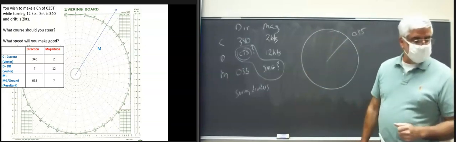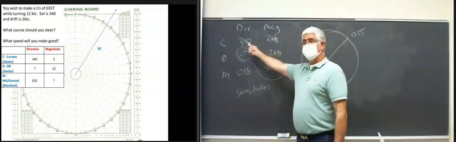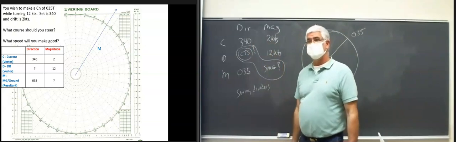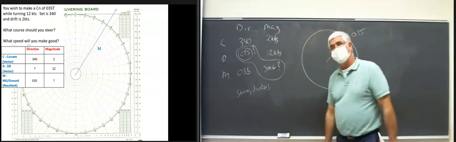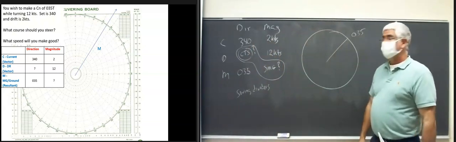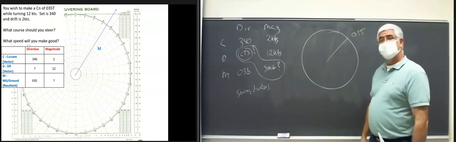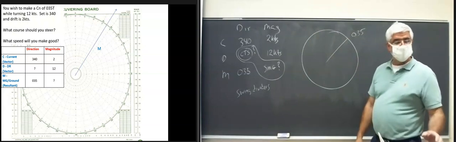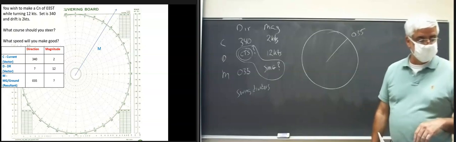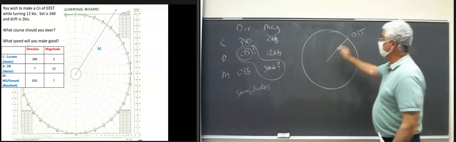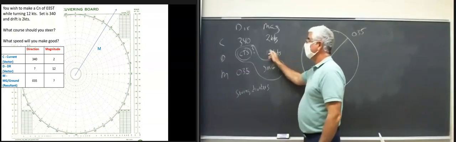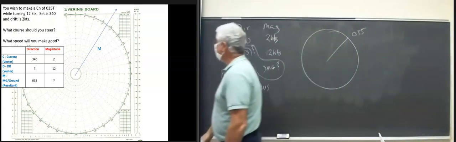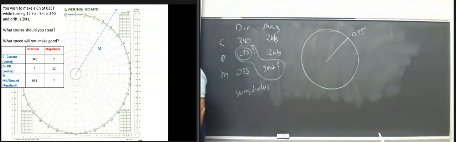What's the next thing I know? I know everything there is to know about the current, right? So let's plot the current. How should we plot the current? Okay, 340. What are we going to use for miles on this thing? I got 12 here, so I can't make this 2 miles.